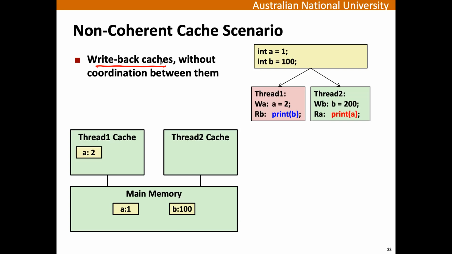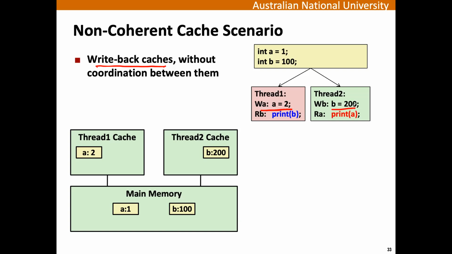So thread 1 on this core writes to its local cache. It assigns 2 to A. Then the second thread writes 200 to B. So far so good.